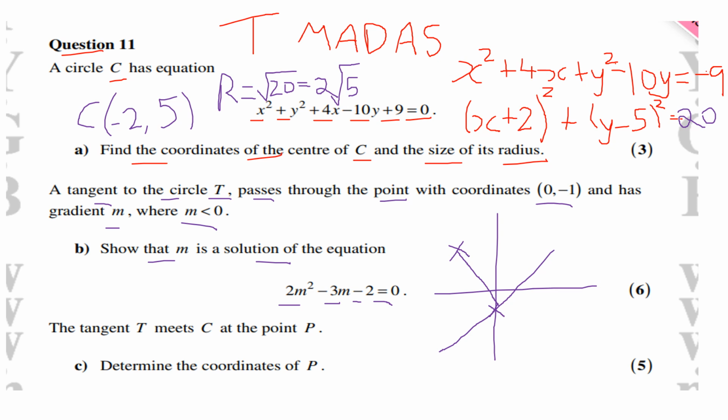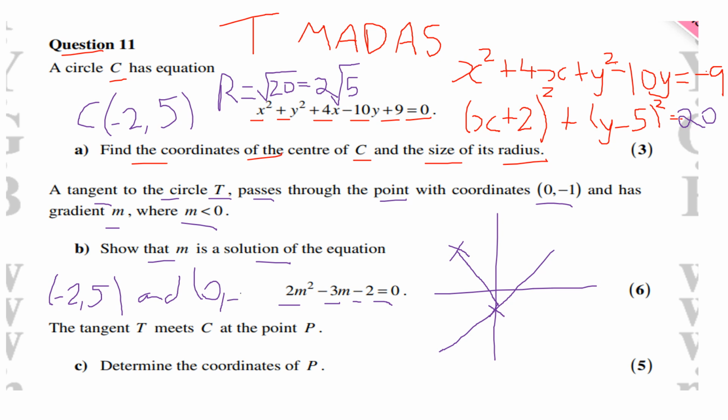So I'm going to have minus 2, 5 and 0, minus 1.